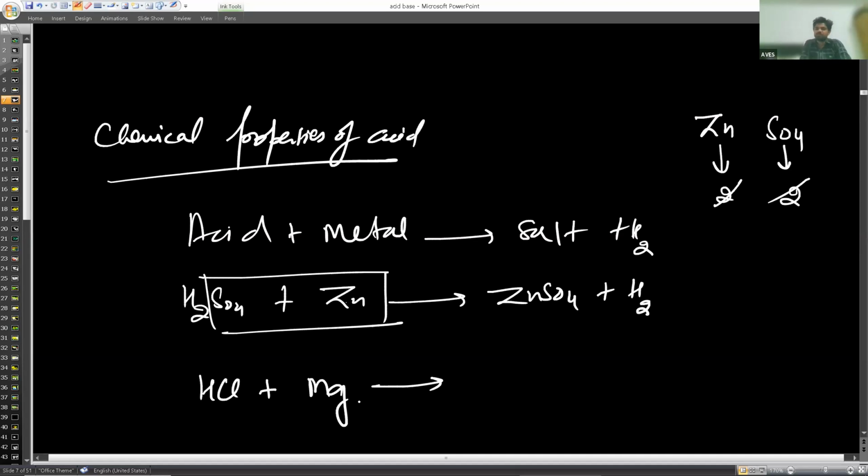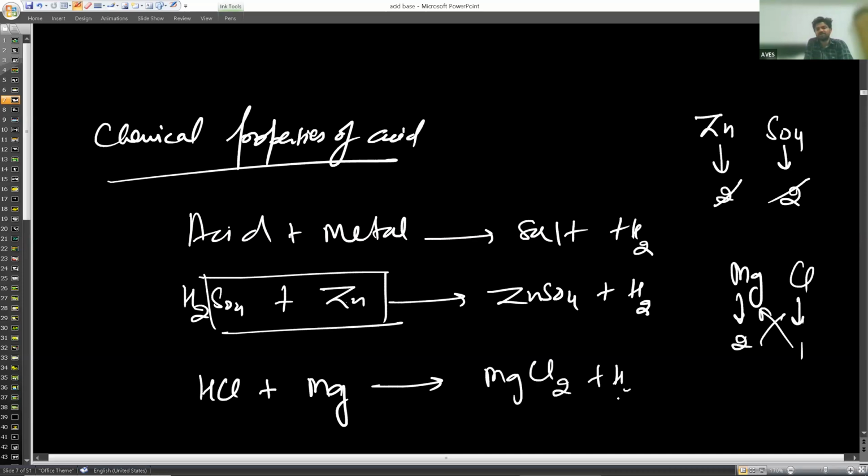MgCl, no? Check the formula. MgCl2. Because magnesium has valency 2 and chloride ion has valency 1. You cross multiply these two, you'll get MgCl2 plus hydrogen gas. Got it? You are not allowed to write right now. You need to only understand.